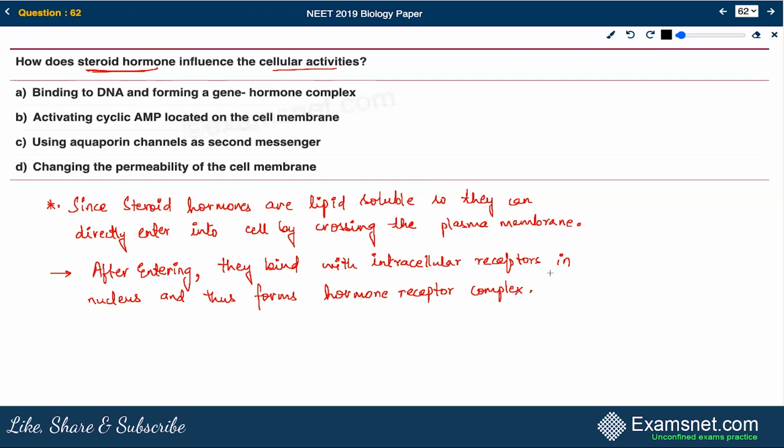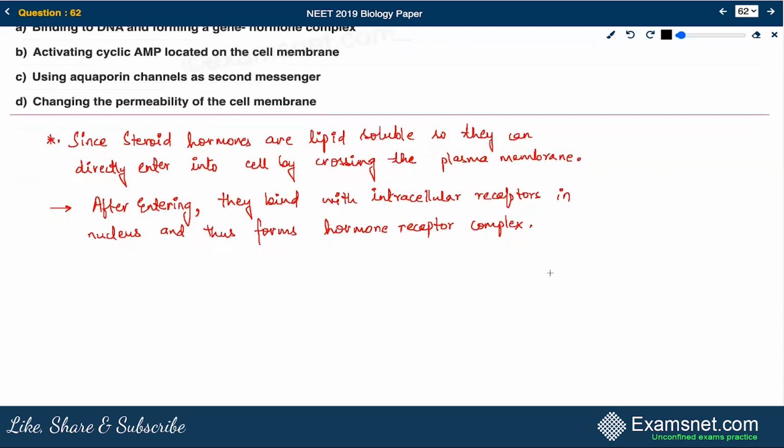And once this complex is formed, this complex will further interact with the genome or the DNA of the cell, and in turn it will be responsible for the process of transcription, through which it will form mRNA, and then via the process of translation it will form those particular proteins.